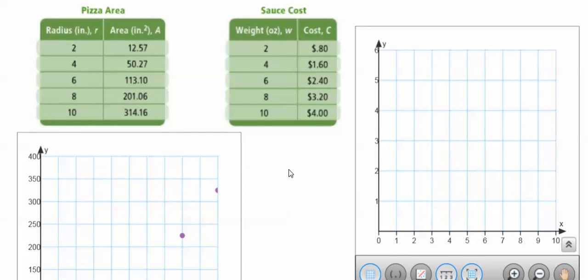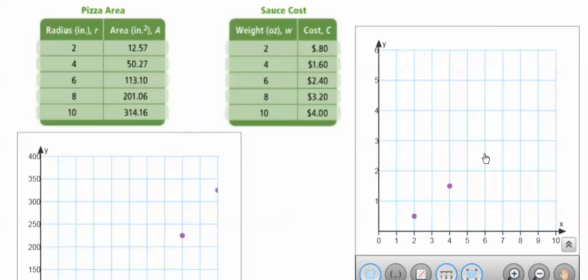If you look at the next one, sauce cost, so weight versus sauce cost. So on this one, you have 2 and 80 cents. So we're probably right here, and then 4 and $1.60, 6 and $2.40.